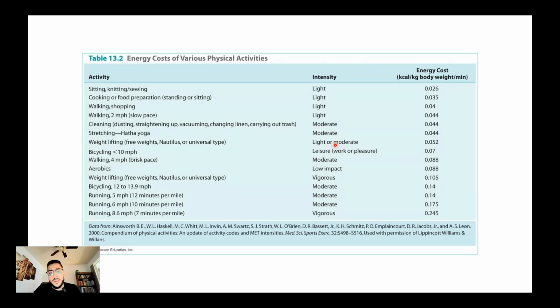If you want to be very specific, you can find the energy cost of each activity that you do during the day. So for example, sitting will cost you 0.026 kilocal per kilogram of body weight per minute, and then you add all of them up, and that will lead to the amount of energy that you have spent in a day. Obviously, this is tedious.